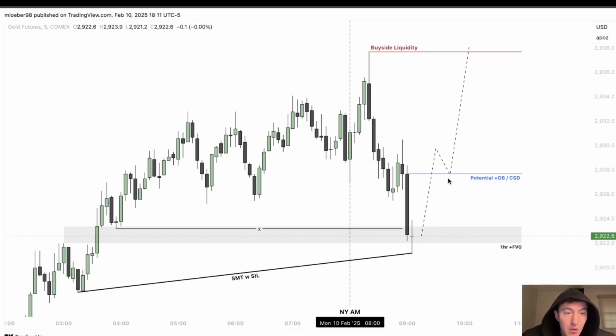That would be our order block confirmation and our change in state of delivery confirmation. And when price gets above the opening price of that down close candle, that would be our trigger and our idea to then go long when price retraces back into that candle's opening price.